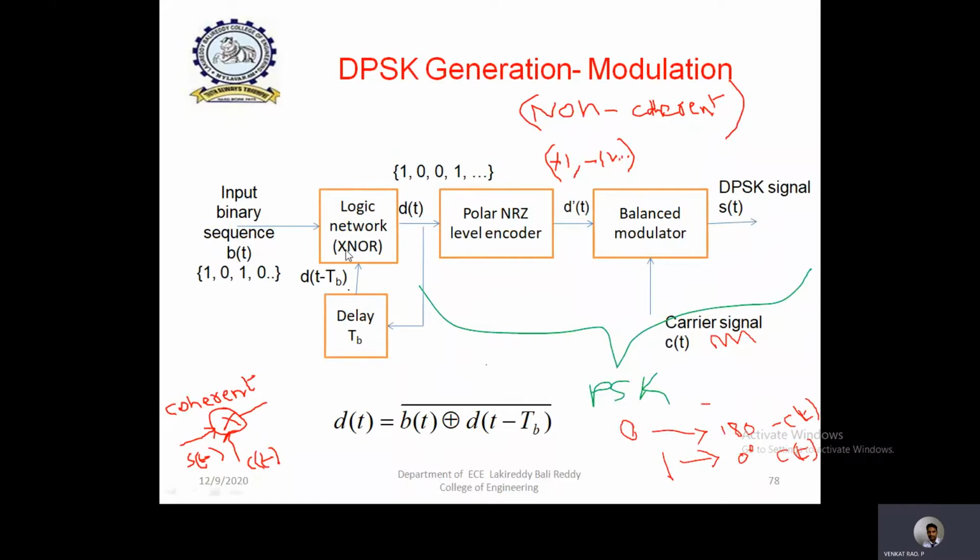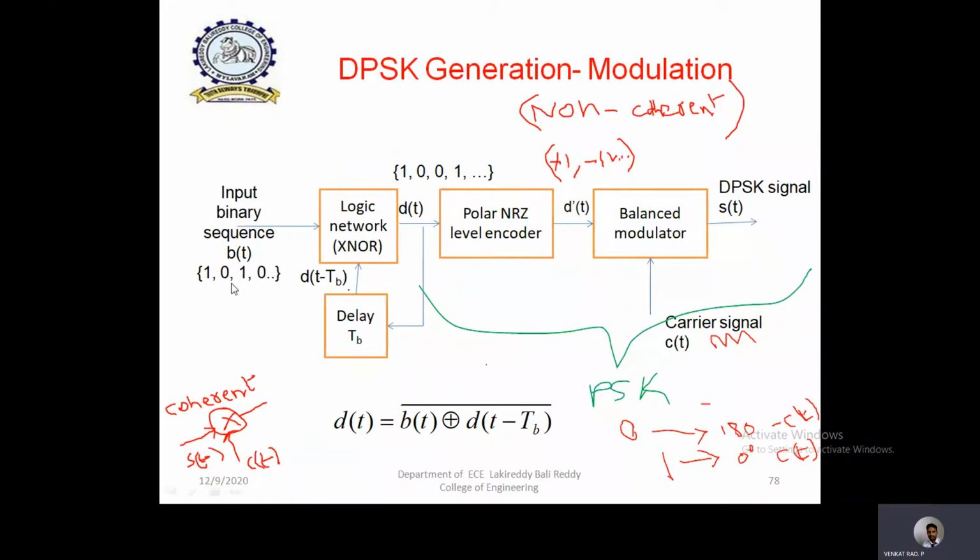Generally, the logic circuit used is an XNOR gate. As you know, an XNOR gate has two inputs. One input is the actual input. The other input is taken from the output and passed through a delay element, so that we get the previous value of the present output. So from this output, the previous value is taken as the other input to the XNOR gate.